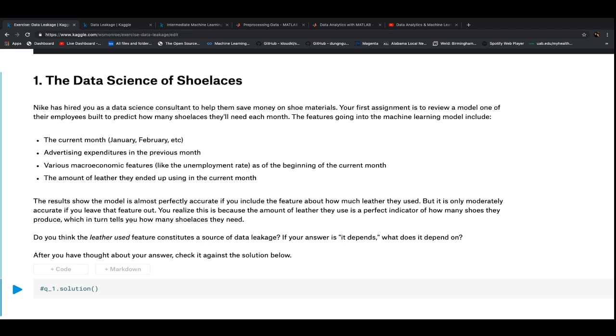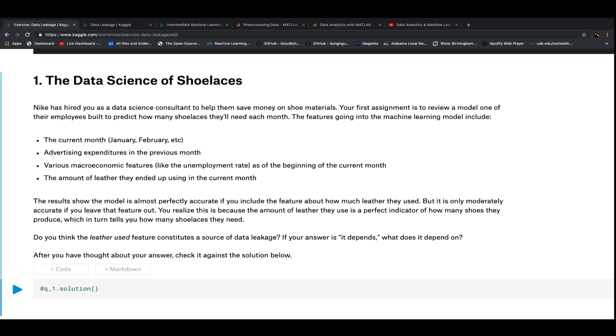These are the fields that the model uses to make its prediction: the current month, advertising expenditures, other macroeconomic features such as unemployment rate, so things not specifically tied to shoes, more just general economic things, and the amount of leather they ended up using in the current month.